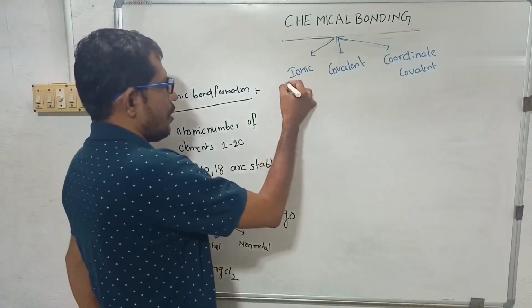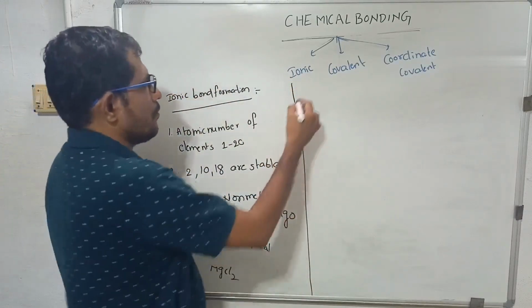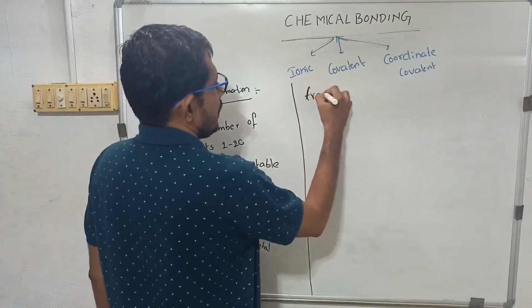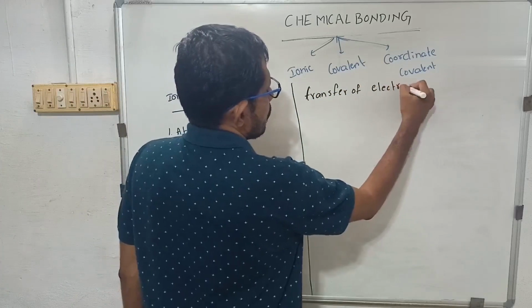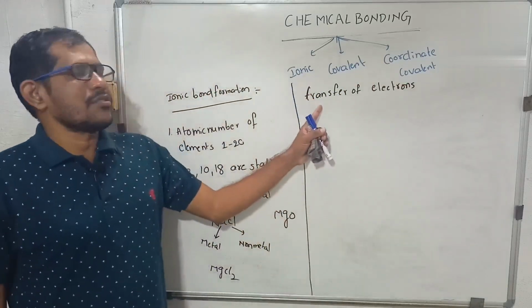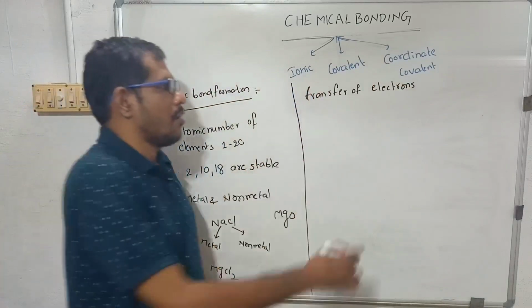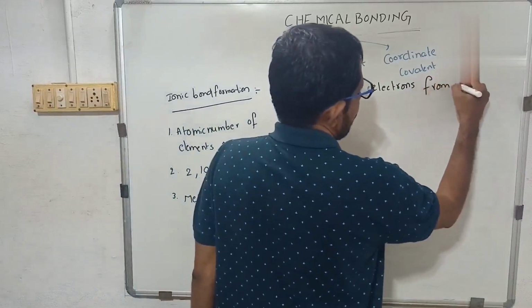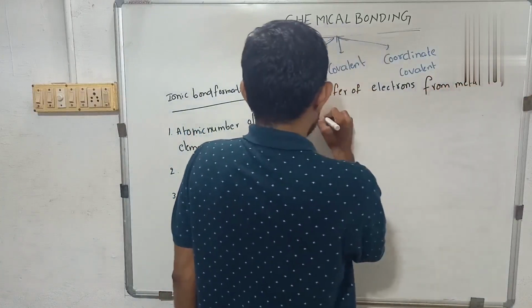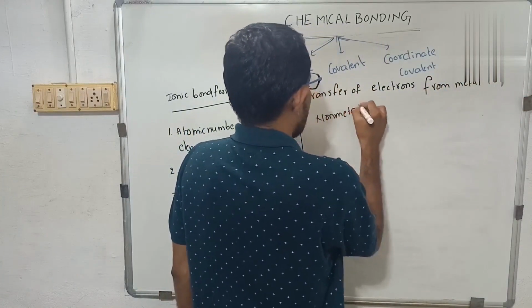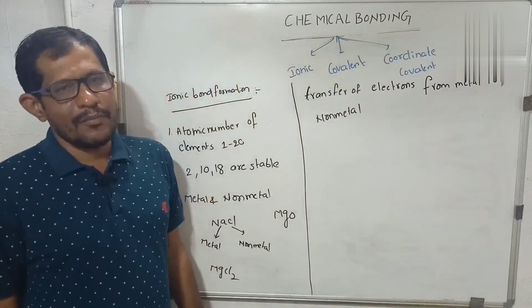Ionic bond happens by the transfer of electrons, from metal to non-metal.